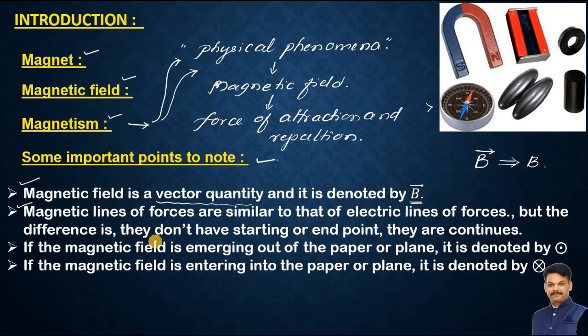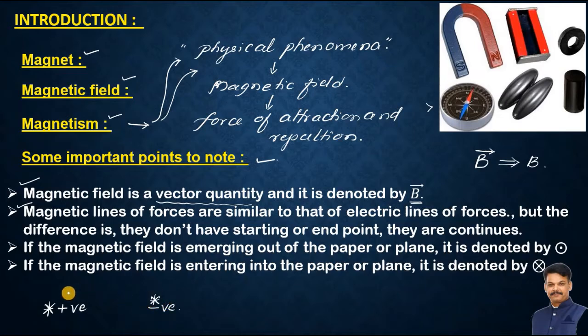One of the major changes, dear students, is that electric field lines had a starting point and an end point. Just to recall: electric field lines used to start at a positive charge and end at a negative charge.